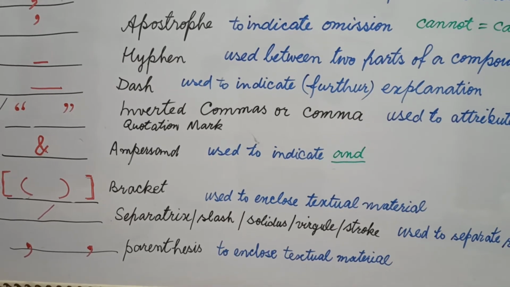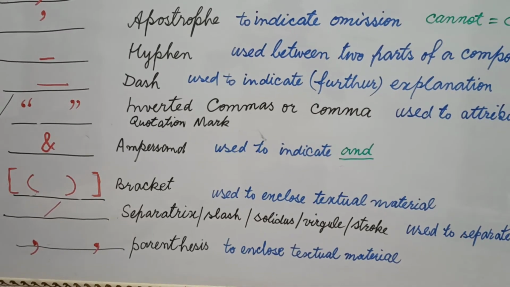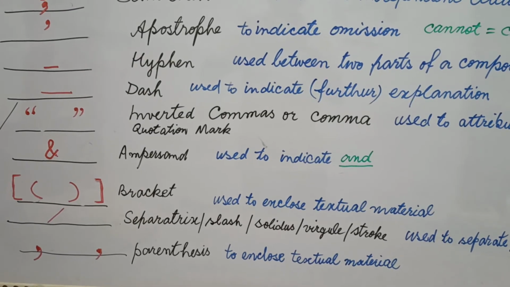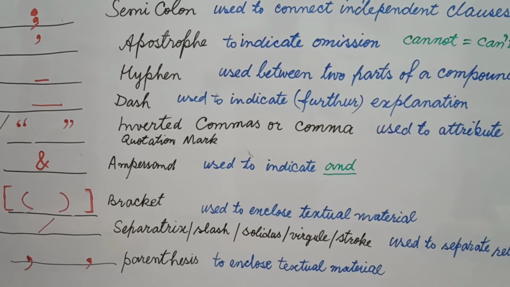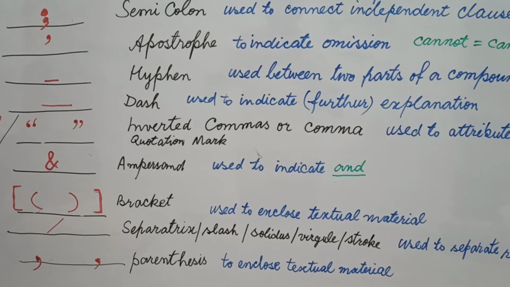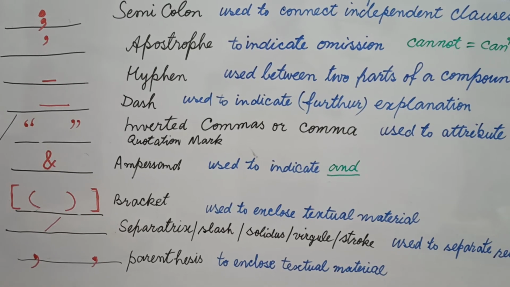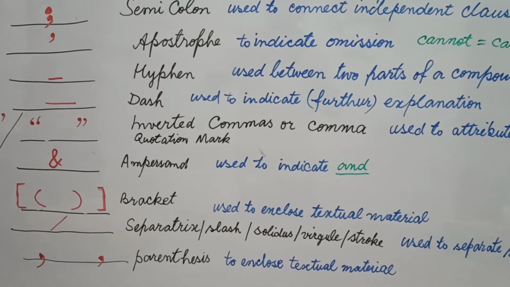Now students, this is called parenthesis. Students, this mark is used when we use some part of a sentence that is not really part of that syntax. I mean to say, suppose I write a sentence, I yesterday went to Muradabad, I yesterday went to Jhansi.